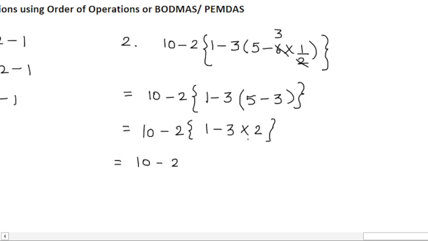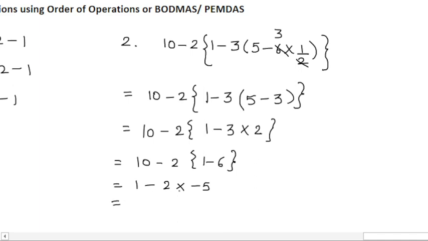So multiplication happens first. We have 1 minus 3 times 2, 6. Whatever is the outcome of the bracket, the outcome is 1 minus 6, a negative 5. It gets multiplied with this 2 because there is no sign between this number and this bracket, so they get multiplied.